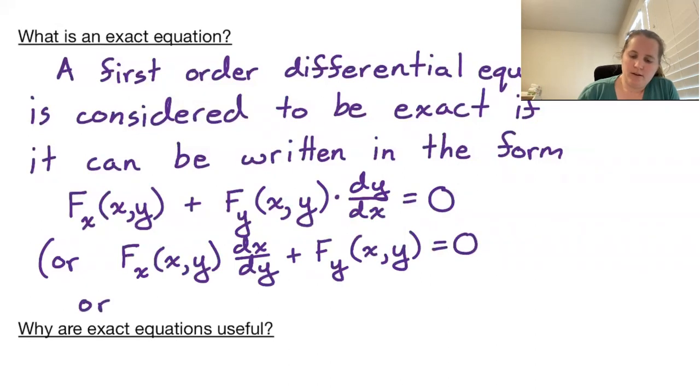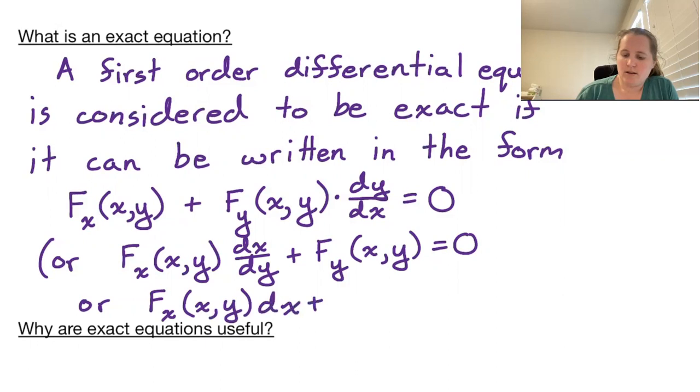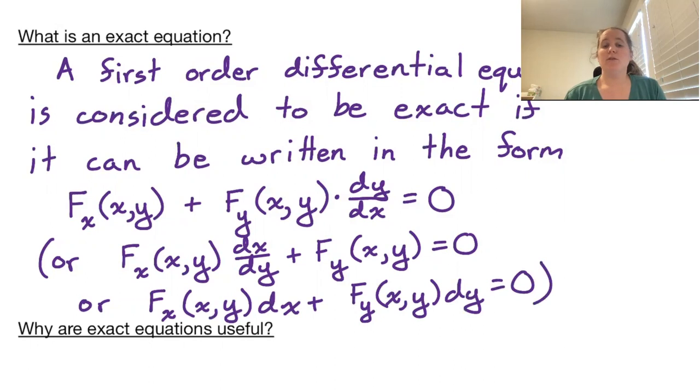Or using differentials, the partial with respect to x of capital F evaluated at (x,y) times dx, plus the partial with respect to y of capital F evaluated at (x,y) times dy is equal to 0. So these are alternative formats that you can see. You will usually see that last version when it comes to exact equations.